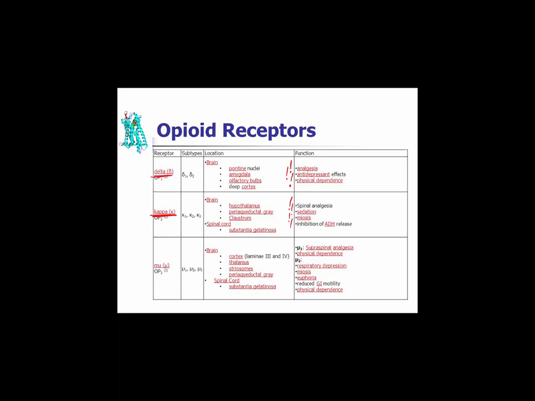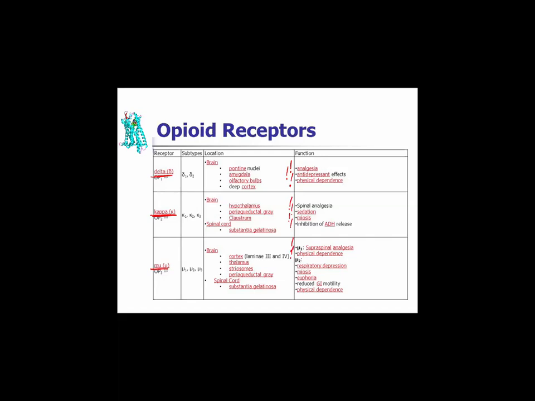Next type of receptors, the last but not least on this slide, mu receptors. Mu receptors are located in the brain and spinal cord as well. In the brain, they are located in the cortex, thalamus, striosomes, and periaqueductal gray. Mu1 receptors are responsible for supraspinal analgesia.